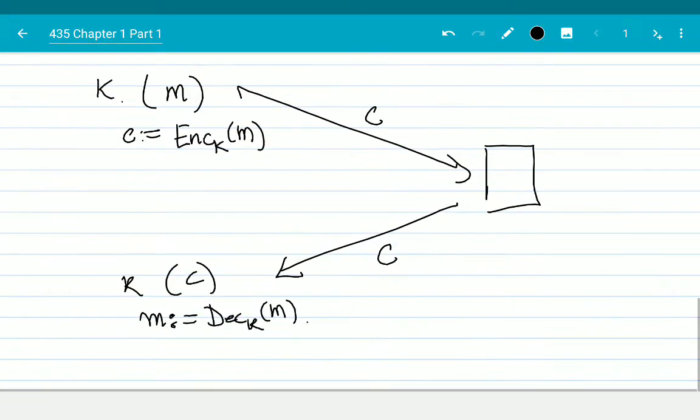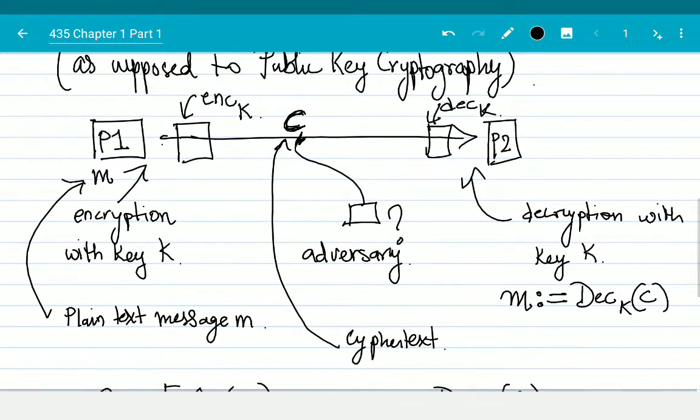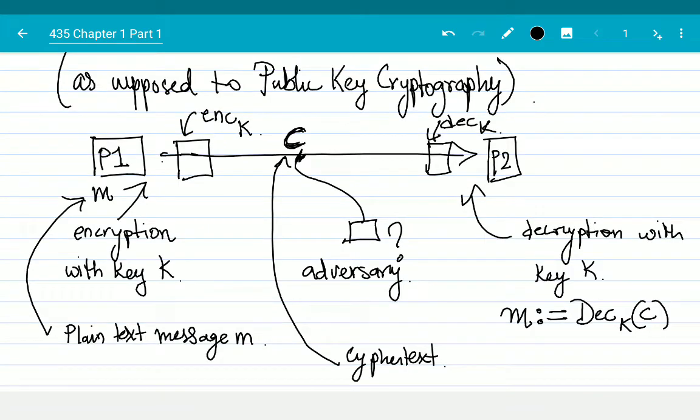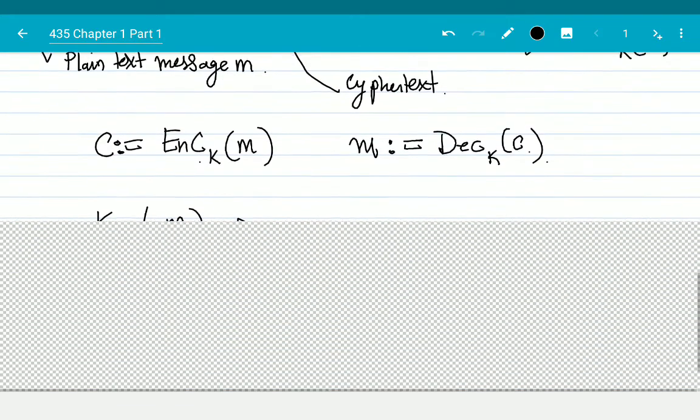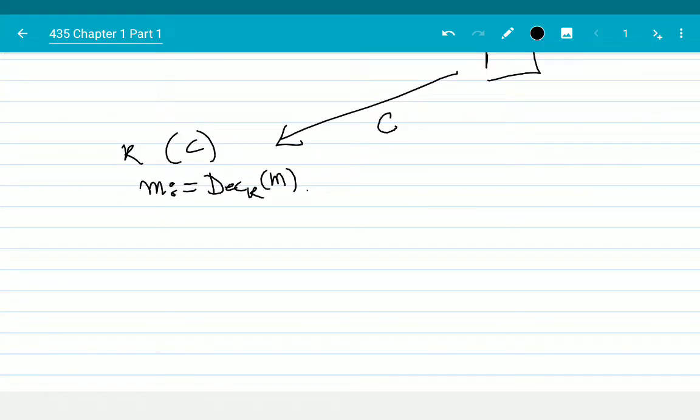So here, the most important thing in private key cryptography is that the key has to be the hidden part, right? If the adversary knew the key, they would be able to reverse engineer what the message is, right? And that is a problem. I don't want my message to be leaking out, right?